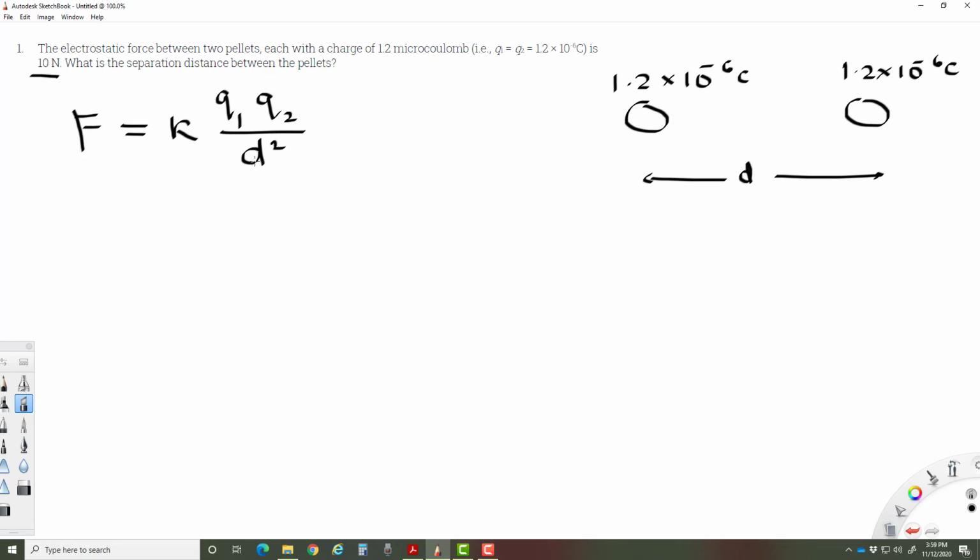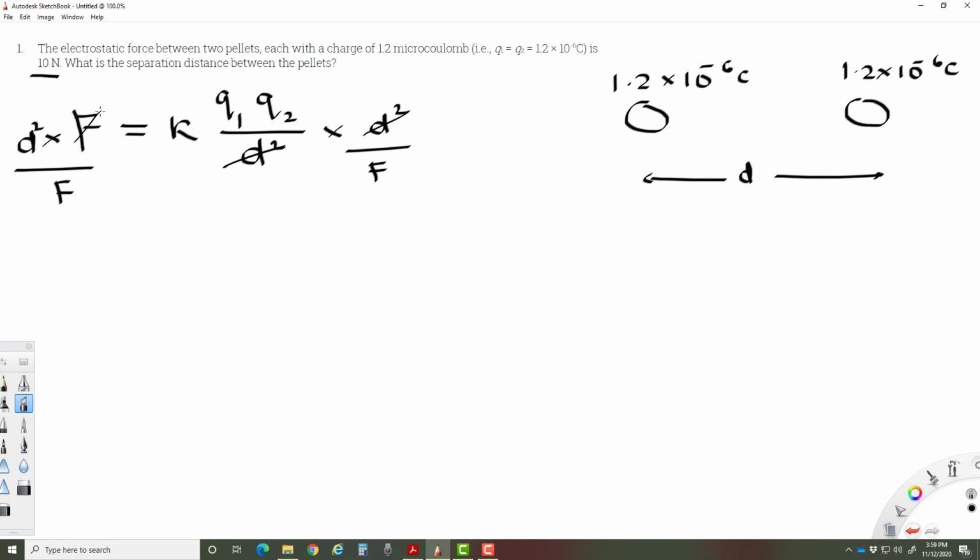So we want to get this distance, so let's take this d squared to the left. We can multiply both sides by d squared, so cancel d squared and d squared, and then I want to get rid of this F on the left, so divide both sides by F and F.